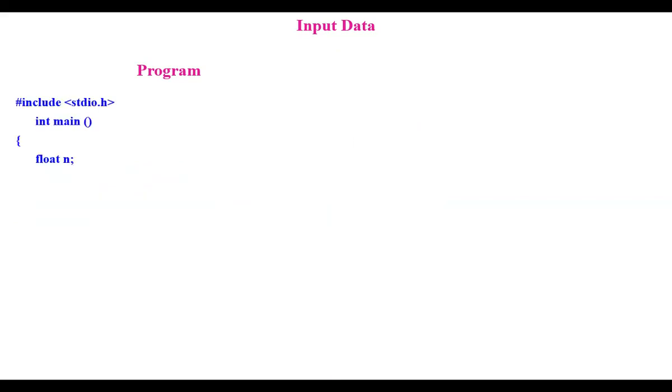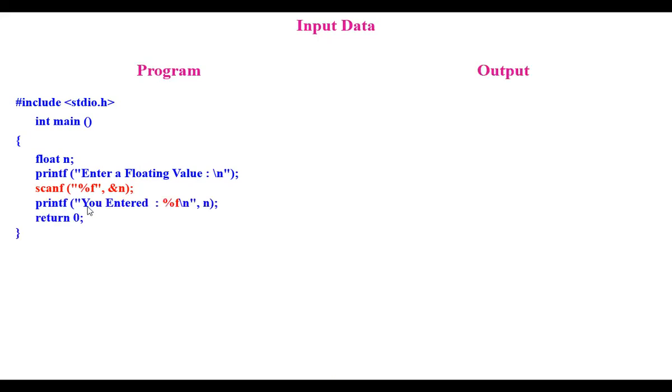Suppose I have taken a float, n is declared as a float here, and I enter the value of a float, and printf with %f. Here you must be careful because this is declared as a float, so %f should be used. I want to display this value.